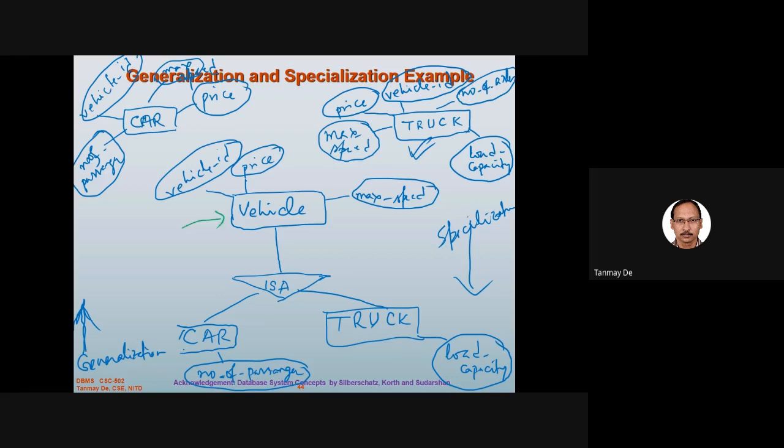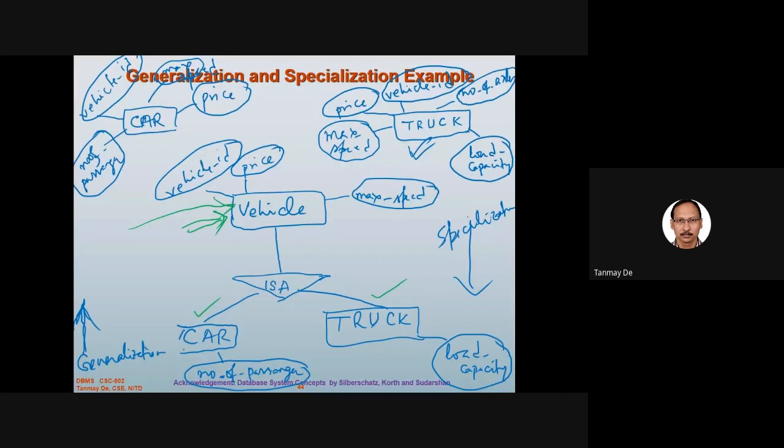The question is, is each entity of this vehicle entity set a member of either car or truck, or may there be some vehicle that does not fall in either car or truck? Do you get my point? That is the participation.